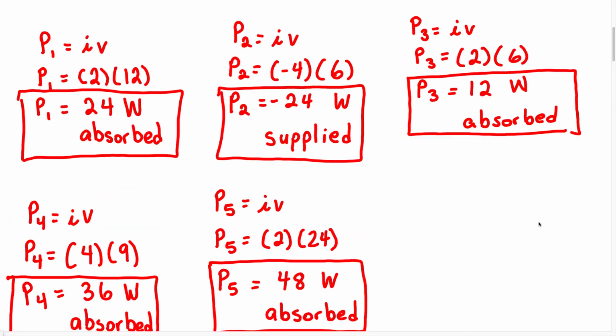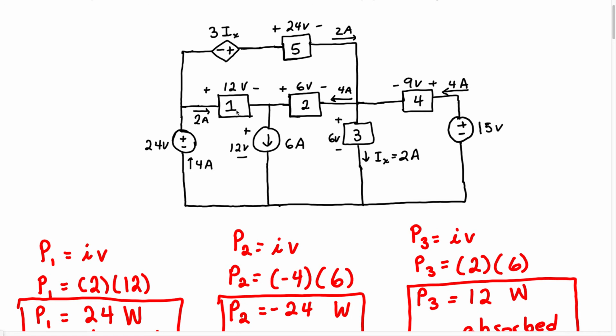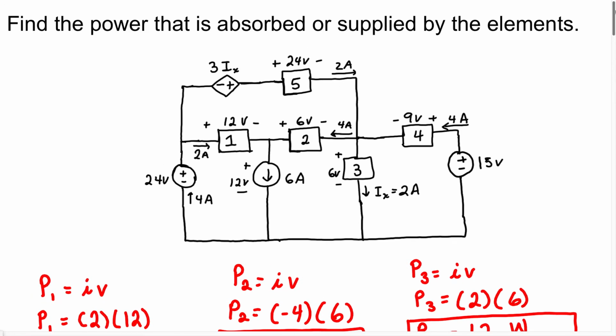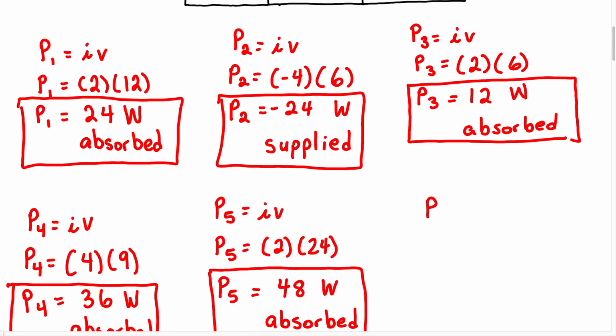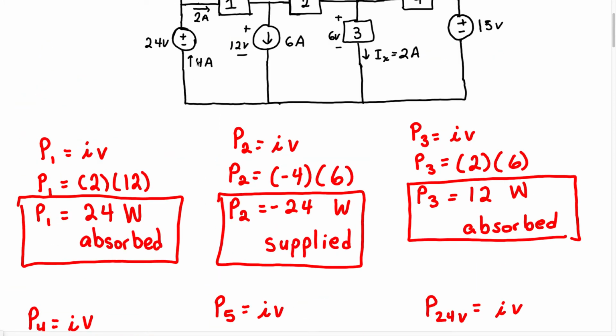Okay, now let's look at all of the sources that we have. So let's start with this source right here. So we have a voltage source, and to calculate the power across this voltage source, we're just going to use the formula I times V. We have the power across the 24 volt source equals IV. When we plug in our values, we know the current across this source is going to be 4 amps, but because it's entering the negative terminal, it's going to be negative 4 amps.